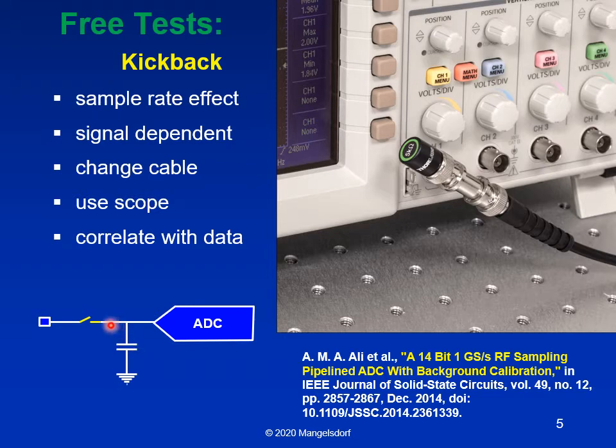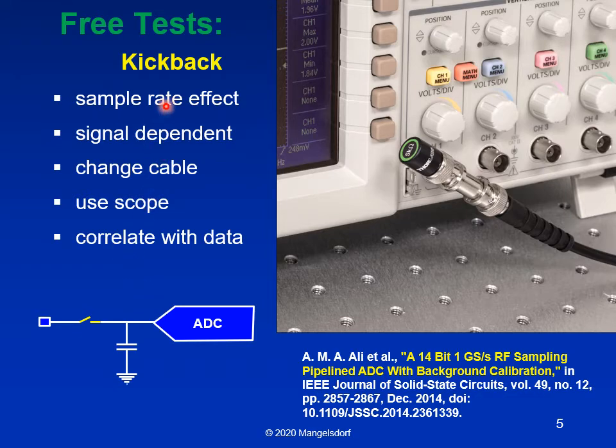Also, sometimes these capacitors are reset in that they're shorted between samples, so that each time you take a new sample, you are actually having to completely recharge the capacitor. So depending on the structure, this can be signal dependent or not. But the problem is that it rattles through the whole input network of the A to D. Now, it is related to the sampling rate.